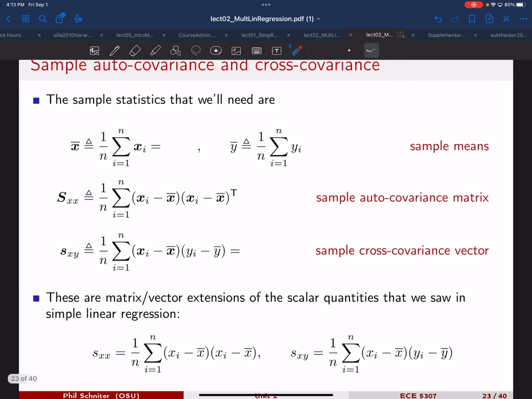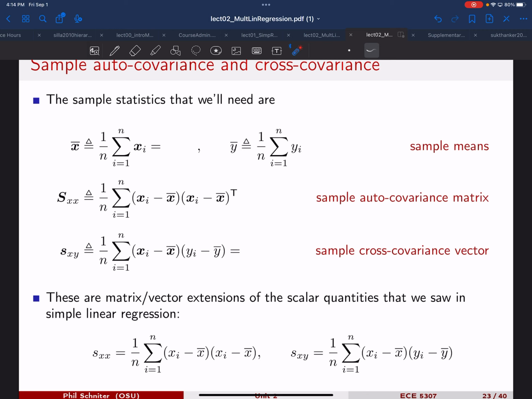Here we have the sample mean of our, so remember x_i is the ith vector of features, the ith data sample, and each one of these has D different coefficients in it. Here we're just averaging them across our data set, and we're going to call that x bar. This x bar is a vector, right? This is different than what we did in the last unit when we had scalars. But otherwise, conceptually, it's exactly the same.